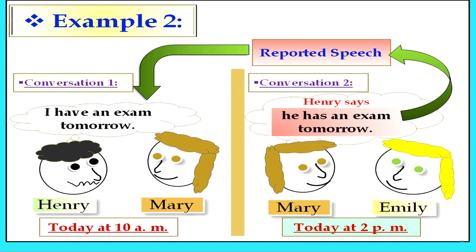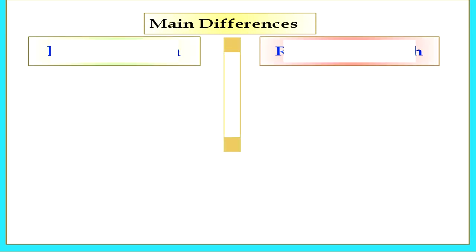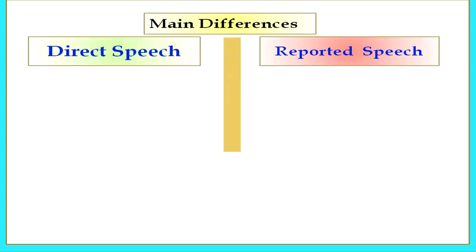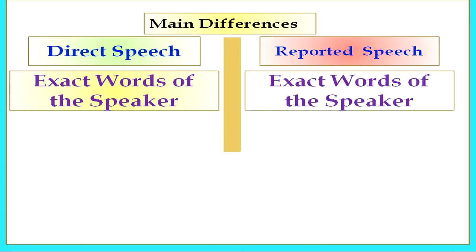Now let's talk about the main differences that exist between direct speech and reported speech. In direct speech, we use the exact words of the speaker. There's no change of the words. But do we use the exact words of the speaker in reported speech? Of course not. We make some changes.